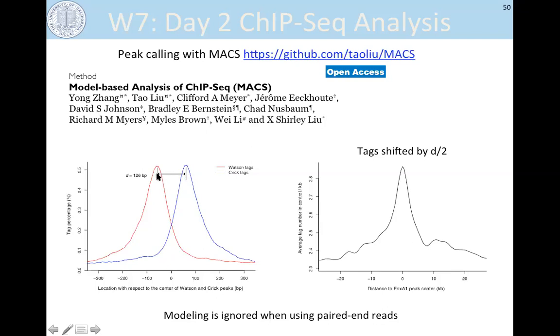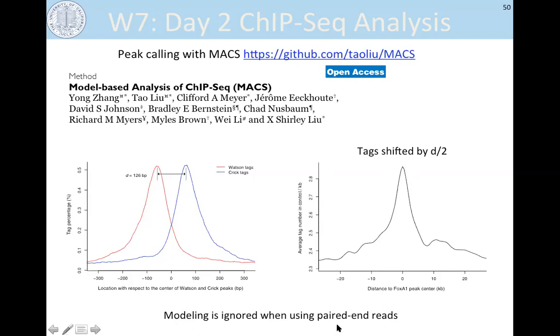Theoretically, the reads on this end of the fragment are a distance d, the length of the fragment, from the peak on the other strand. So it will shift the tags by this distance divided by 2, halfway in between. So you have a theoretically more accurate positioning of where the binding site is for your peak.